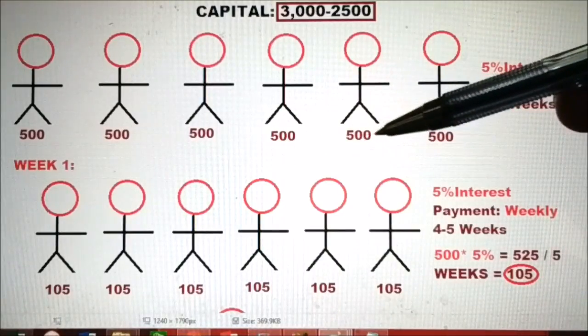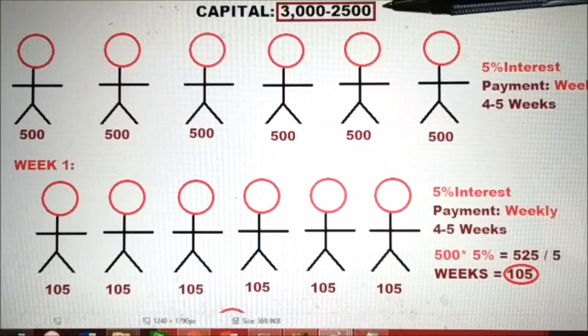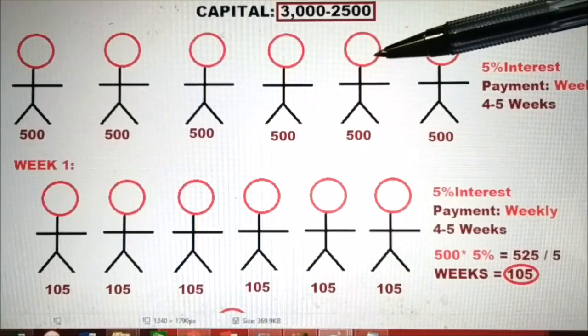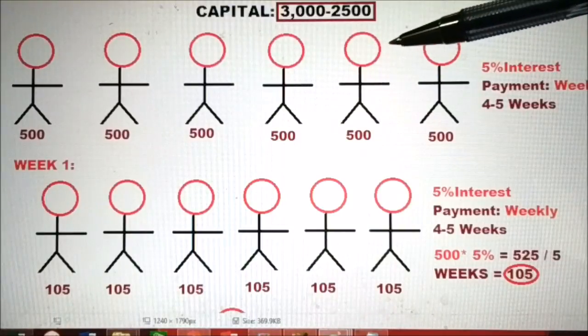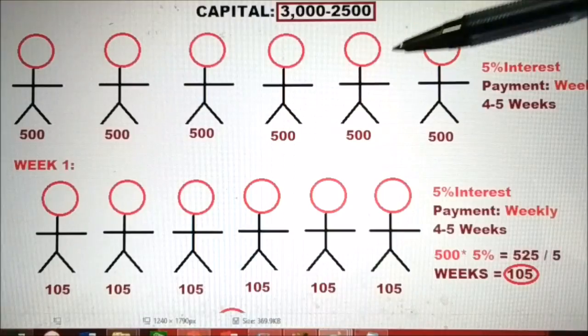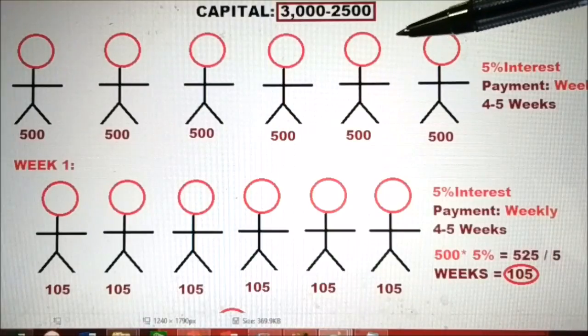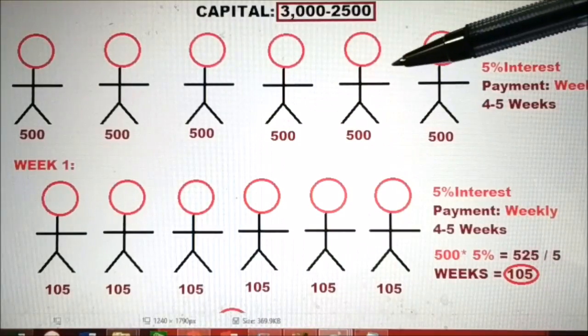In this diagram, you see I have distributed the 3,000 capital, our initial capital, to 500 each with 5% interest on the whole term. This is very low, with a term of 5 weeks to pay, divided into 5 payments every week.